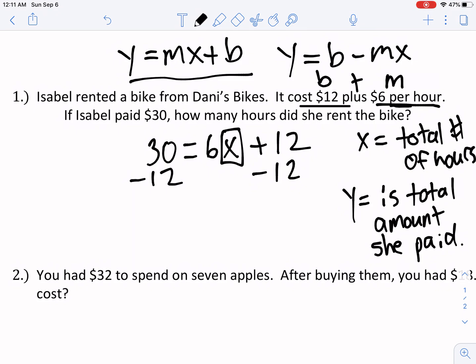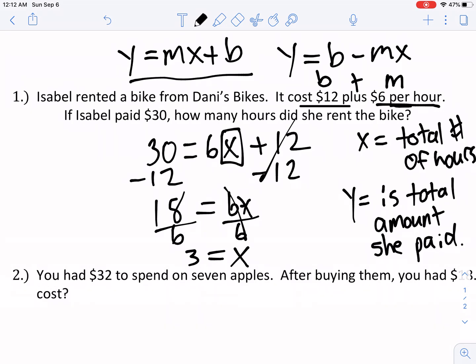So we have 30 minus 12, and we get 18. That's equal to our 6x, and of course our inverse operations cancel out. Now remember, when we have a number next to a variable, that implies multiplication, so my inverse operation is division. 18 divided by 6 is 3, and we get 3 is equal to x.